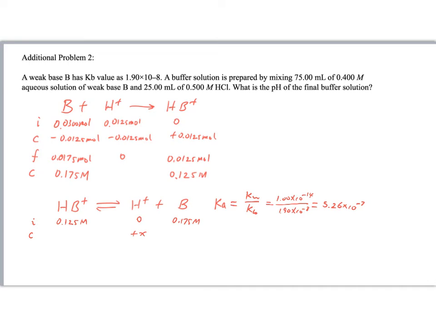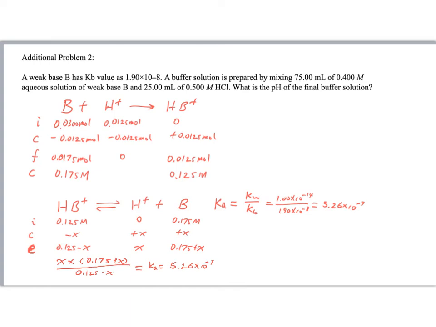We increase by X amount for H+, increase X amount for B, and decrease X amount for HB+. At equilibrium, we have 0.125 minus X for HB+, 0.175 plus X for B. Therefore, X times (0.175 plus X) over (0.125 minus X) equals Ka, equal to 5.26 times 10 to the negative 7.